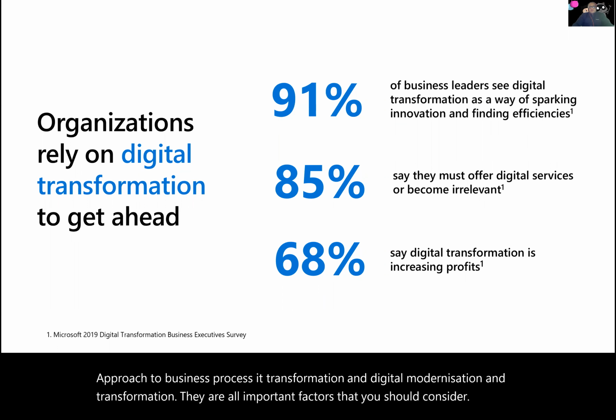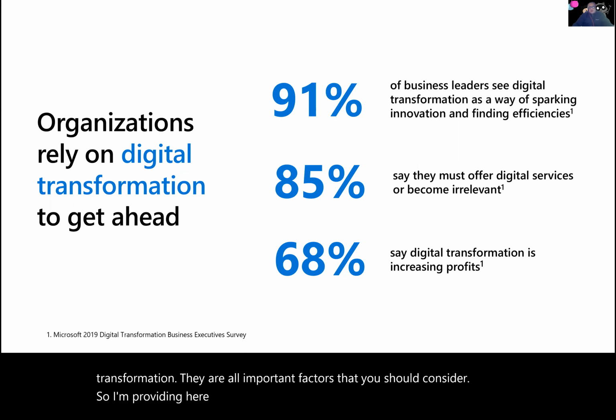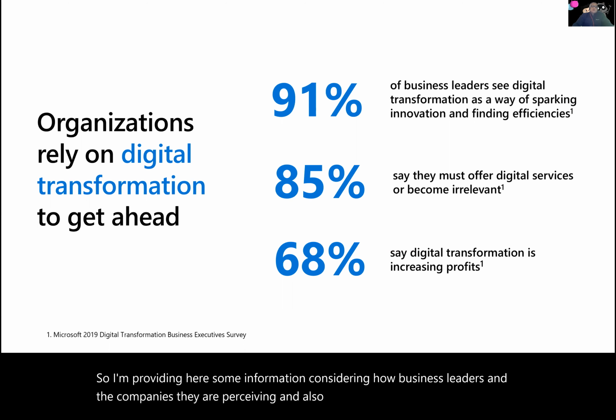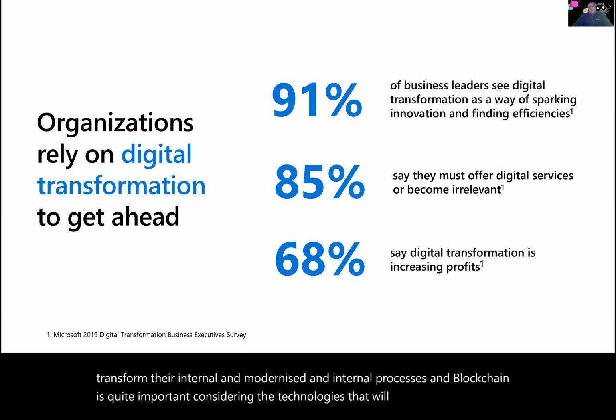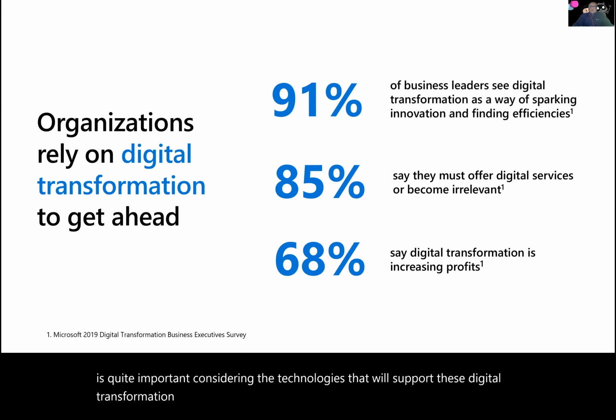So I'm providing here some information on how business leaders and companies perceive and envision the way they should transform and modernize their internal digital processes. Blockchain is quite important among the technologies that will support this digital transformation approach to your business. Beyond blockchain, we have things like AI and IoT, the Internet of Things.